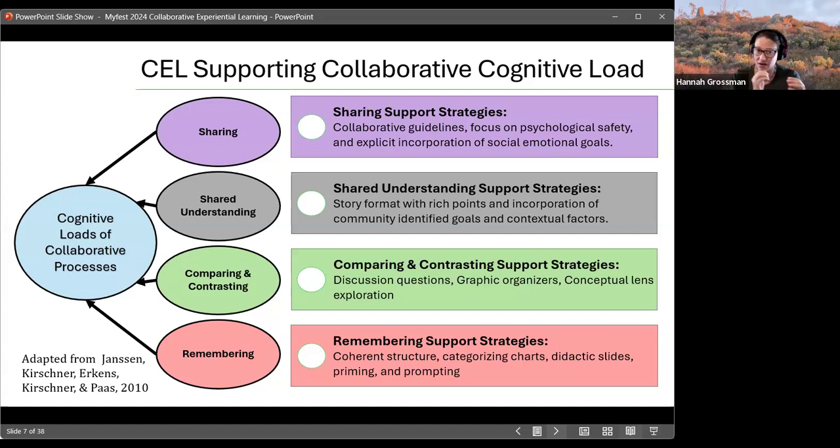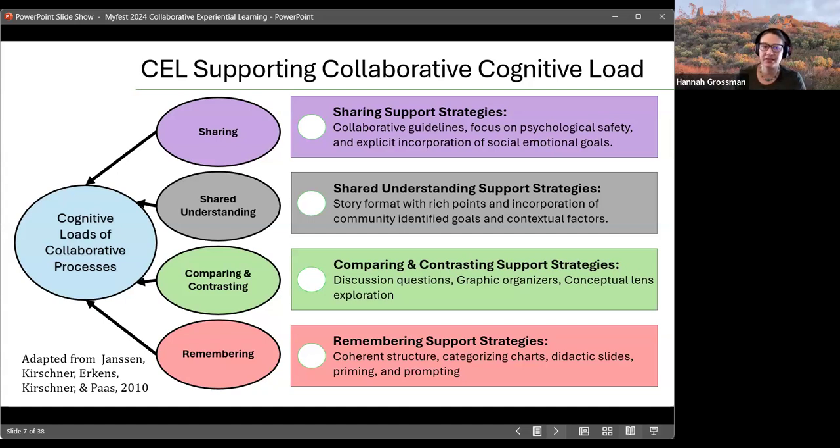And these sharing support strategies make our collaborative sharing easier, more manageable, and more powerful, and it feels more supported.